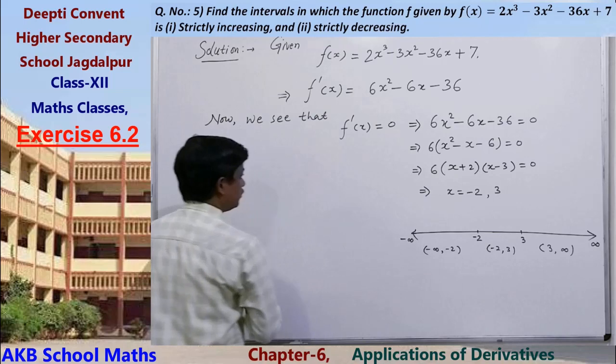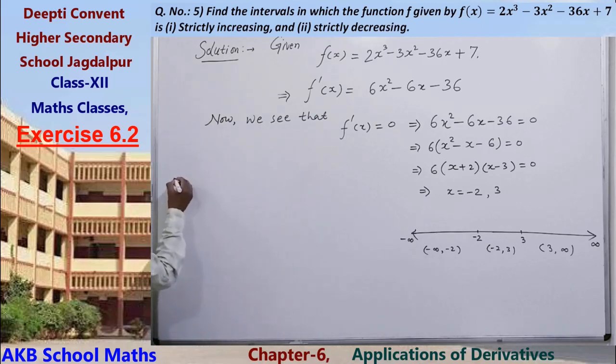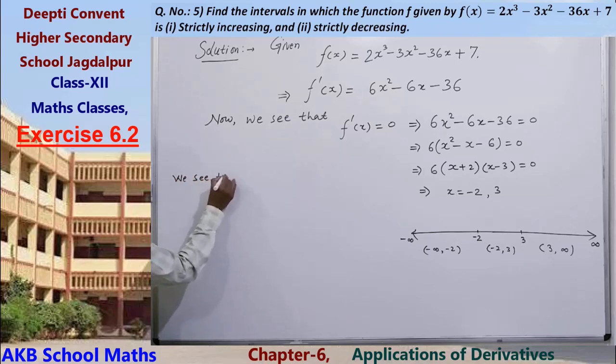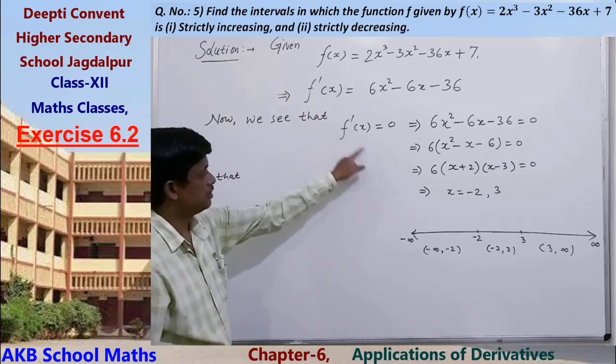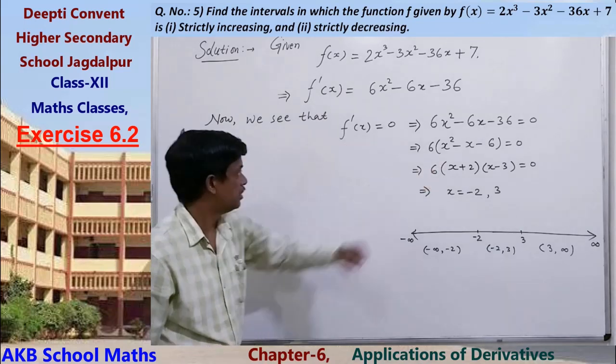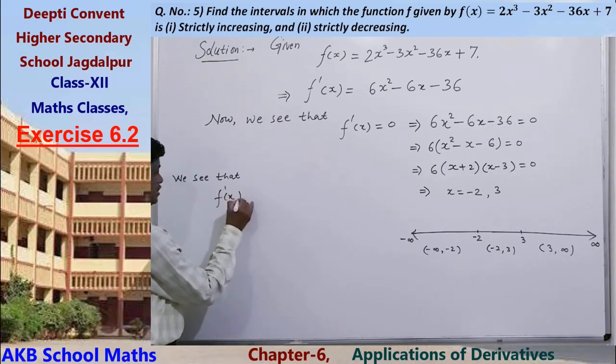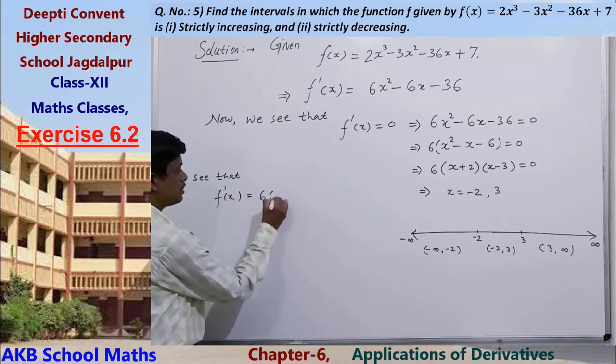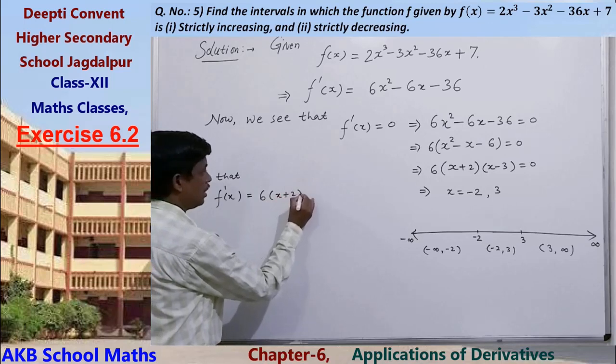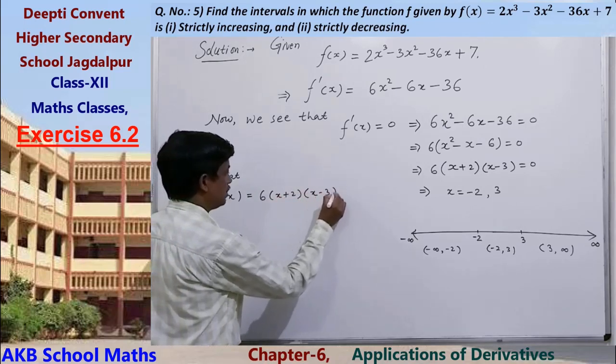Now we see the derivative of the function, f dash x equals 6 times x plus 2 times x minus 3.